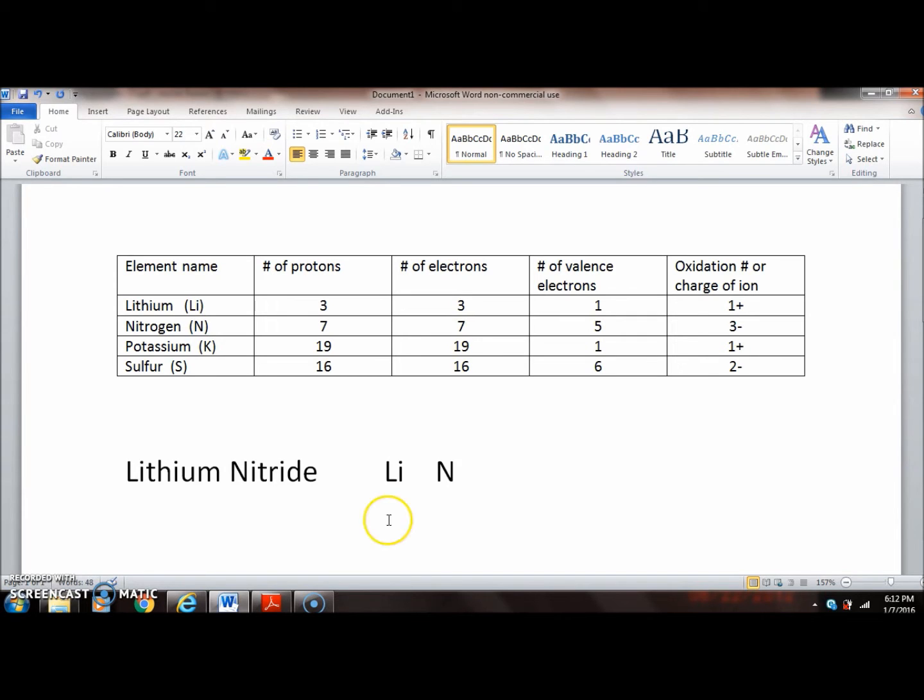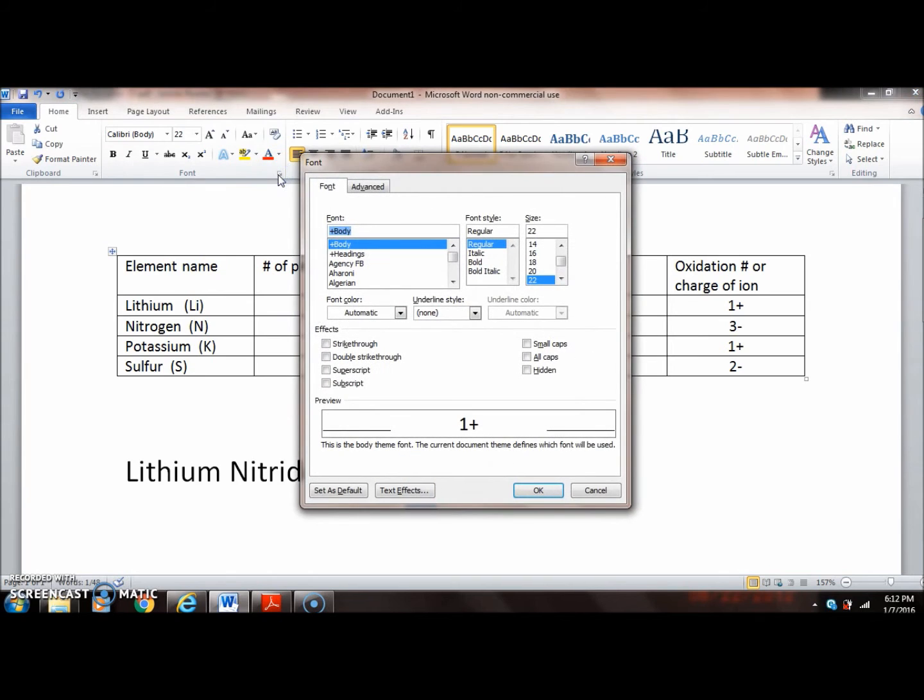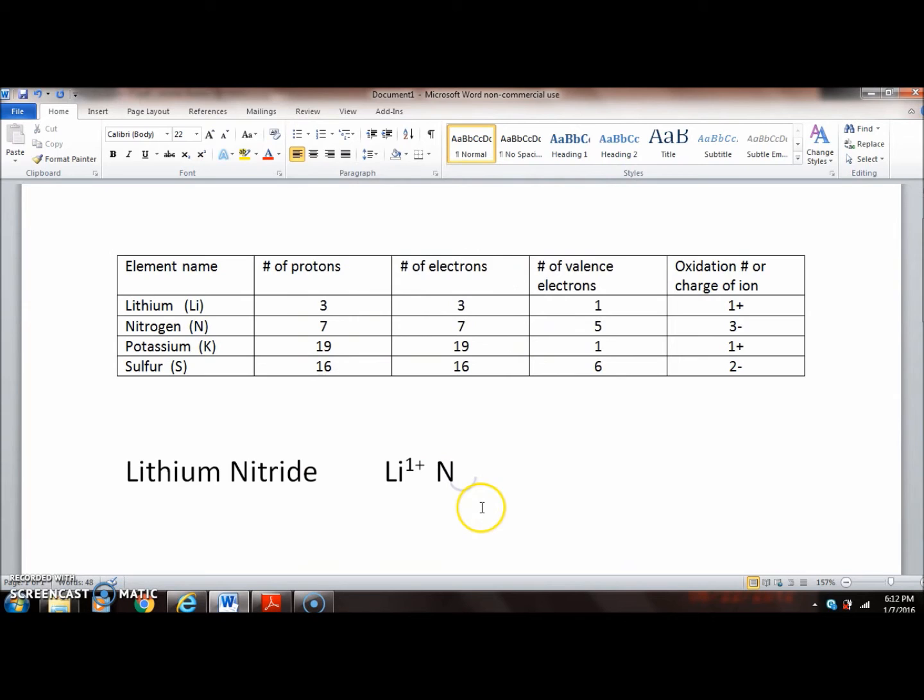And after you write in the atomic symbols, what we want to do is put the oxidation numbers above each symbol. So we know that lithium is a 1+ charge. I'm going to write that as a superscript. And we know that nitrogen, according to our list here, is a 3- charge.